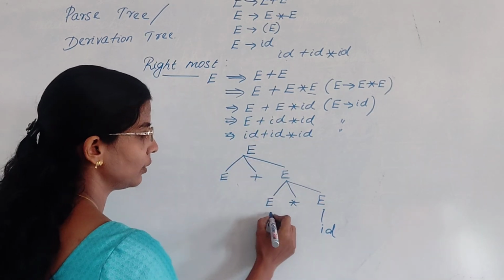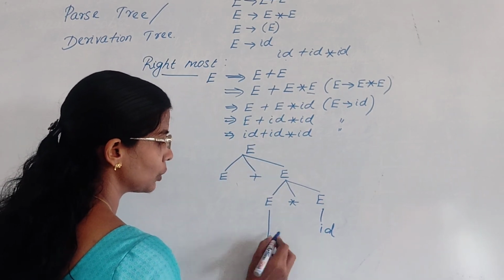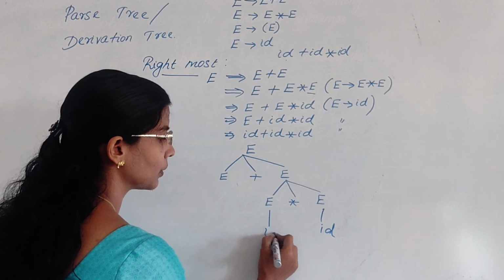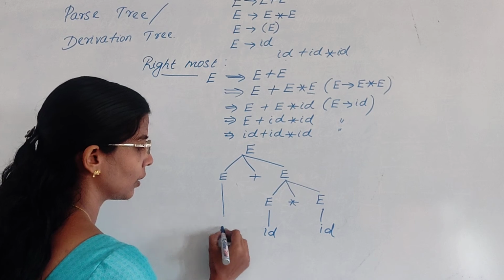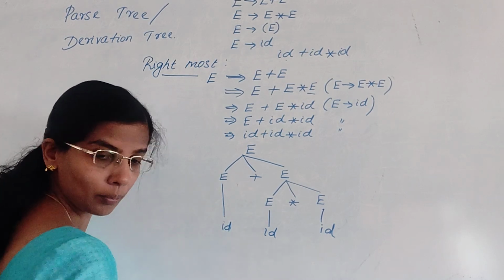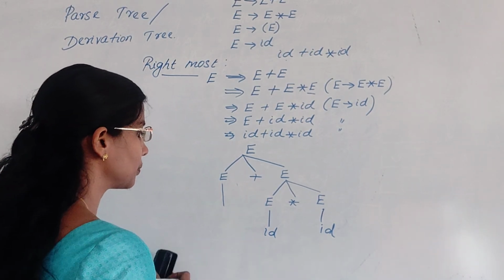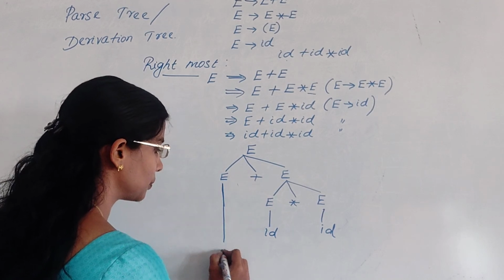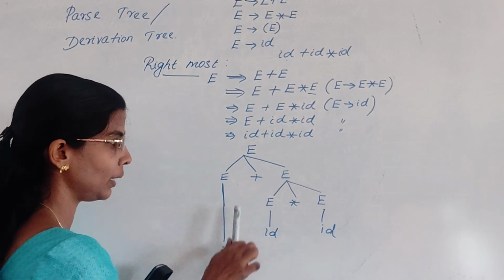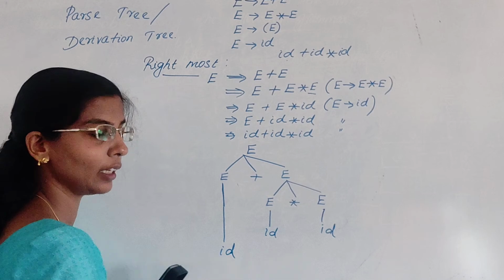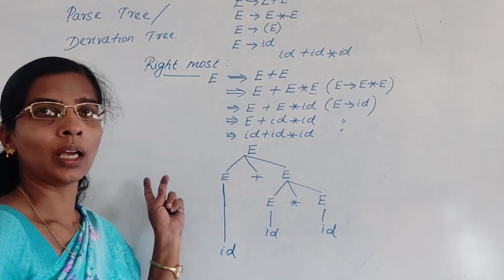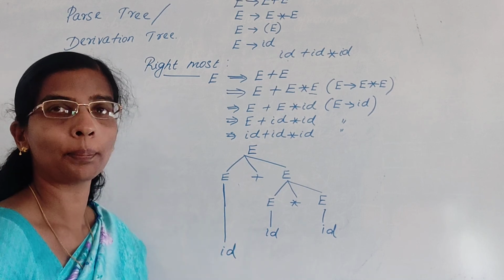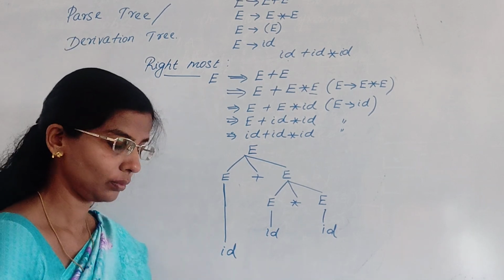Next again the rightmost E, and at last it is this. Now you check id plus id star id. So this is your rightmost derivation parse tree. Thank you.